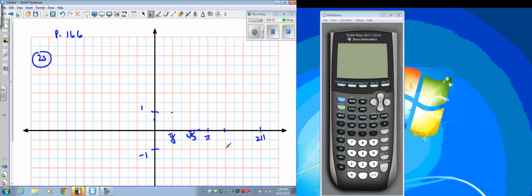And then down here, it's going down there, and then it's going back through here, and then kind of back here. So it's showing us something that looks like that.